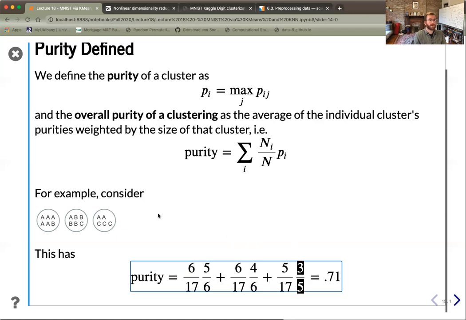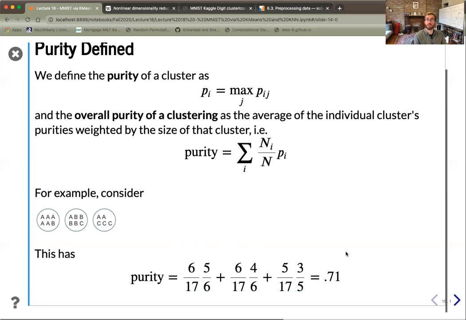And so if I now take the weighted average, where I weight by the percentage of samples that are in each of those clusters, then I will get 6/17 times 5/6, corresponding to the fact that 6 out of 17 points are here. I got 6 out of 17 points in cluster 2, and then 5 out of 17 points in cluster 3. So this gives me an overall purity score for this clustering of 0.71. All right, we've got some code that essentially computes this later, but it's important to understand the math.